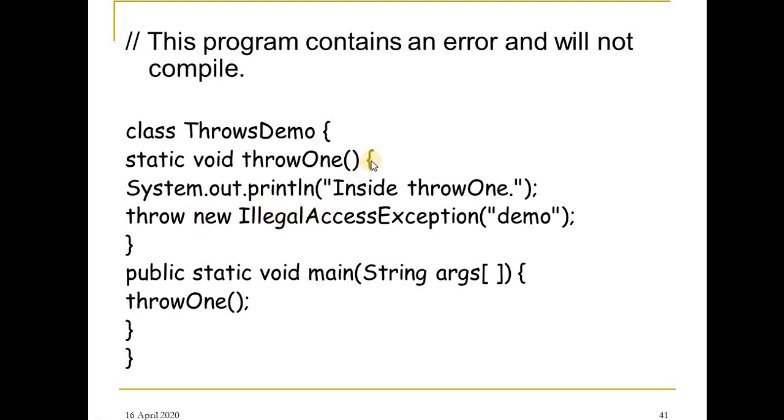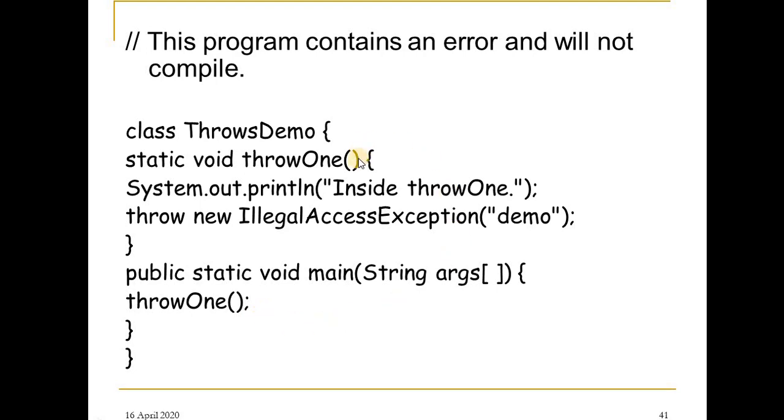Since in this throw1 method we have not defined the try and catch block, the exception is being created and thrown, but we are not handling it. That is why this program contains an error and will not compile. Next is the main method, which just calls the throw1 method.